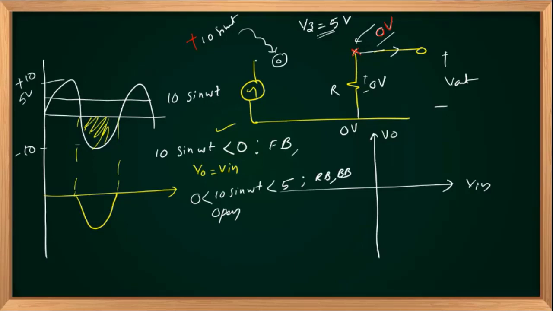Once it is open circuit, there is no branch current through R, 0 volts, so V out also will be equal to 0 volts. So when your input is between 0 to 5, V out is 0, right?